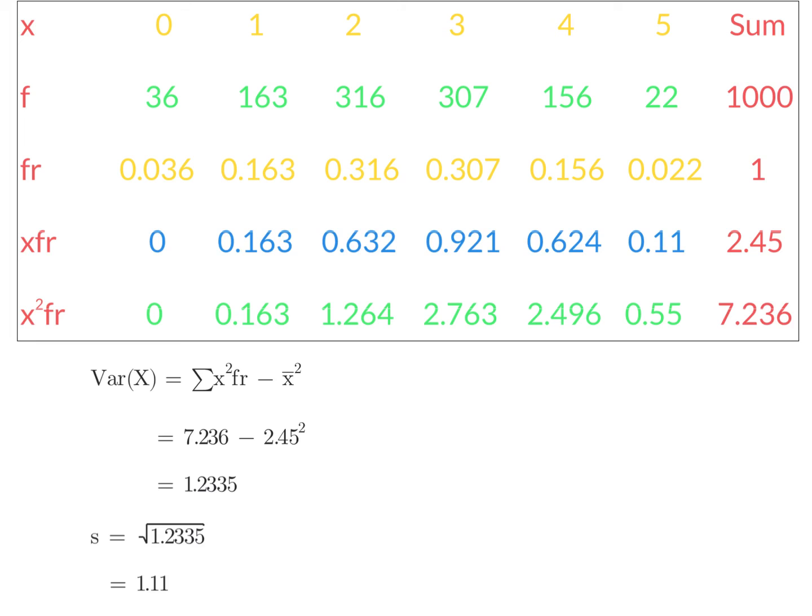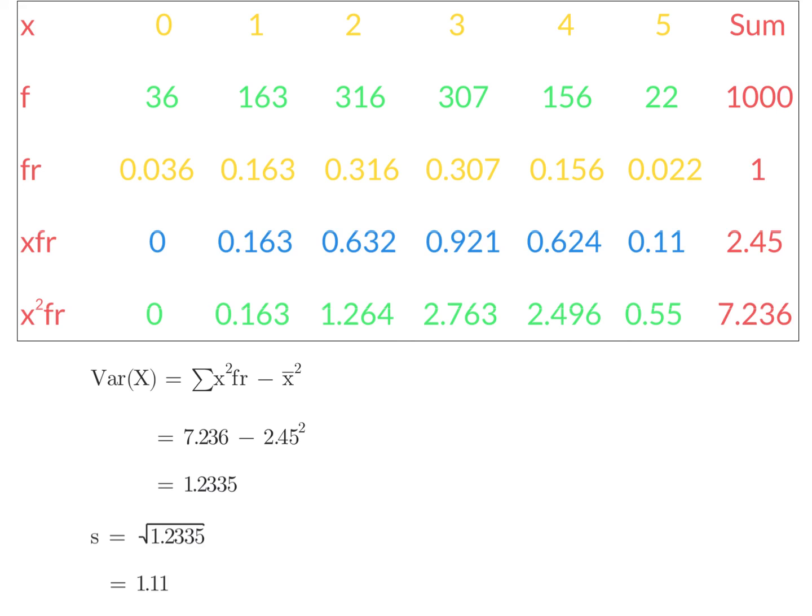The population mean was mu. For our sample, it's x with a little bar. Then finally, our last column, to allow us to use the variance formula, is x squared times the relative frequency. Similarly, 0 squared times 0.036 is 0, 1 squared times 0.163 is 0.163, and 2 squared times 0.316 is 1.264.